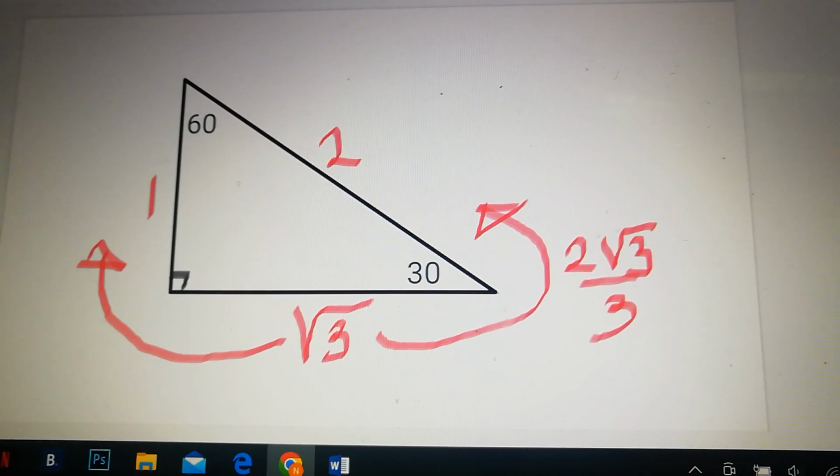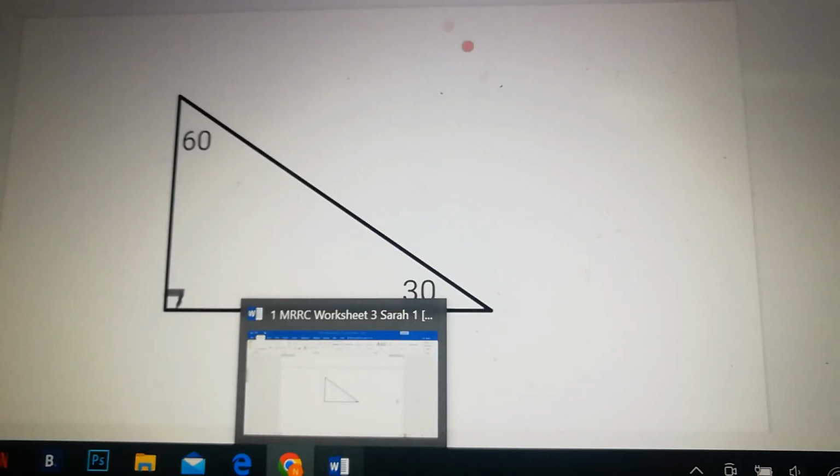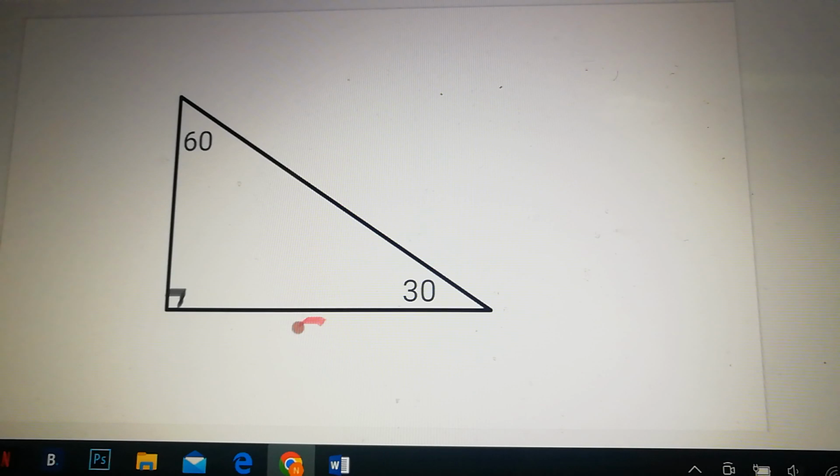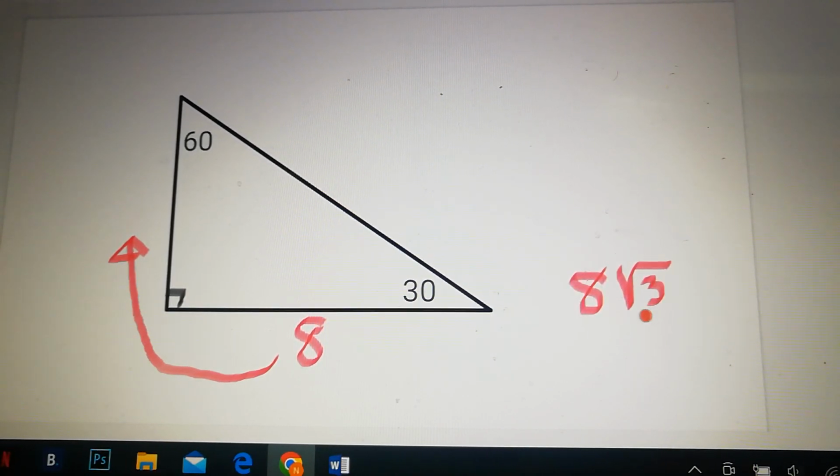Okay, so example, let's say this is equal to 8. What is the length of the shortest side? Okay, so the length of the shortest side is simply 8 multiplied by square root of 3 over 3.